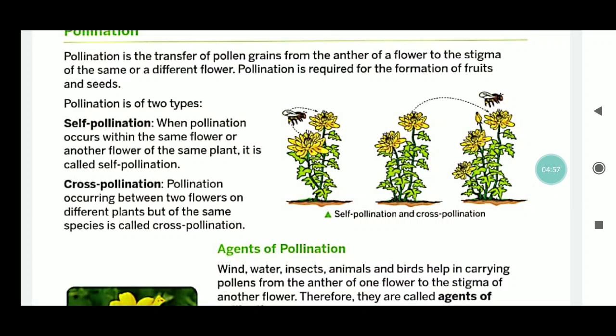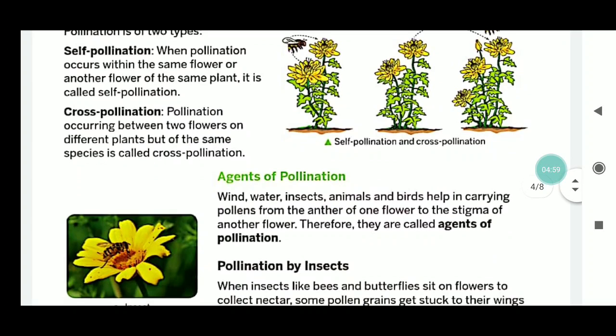Now we will discuss agents of pollination. What are the agents of pollination? The pollen grains get transferred with the help of wind, water, birds, insects, etc. These are known as agents of pollination.